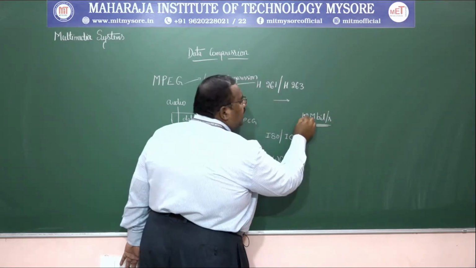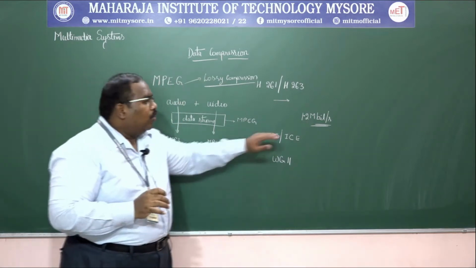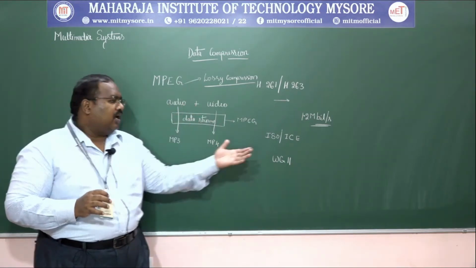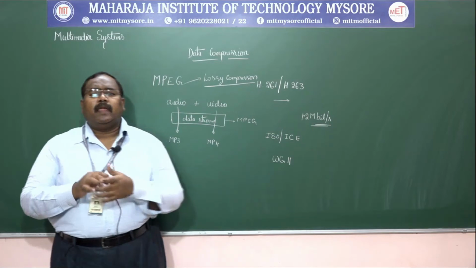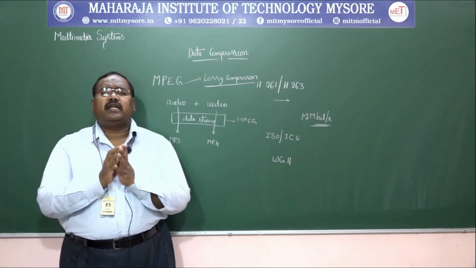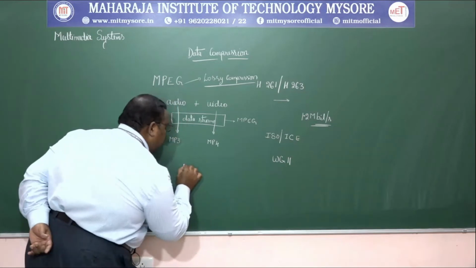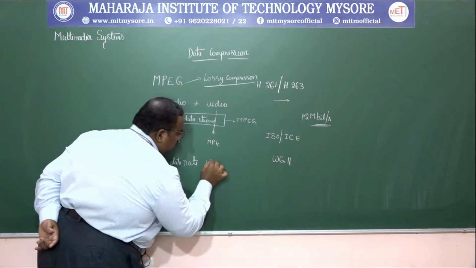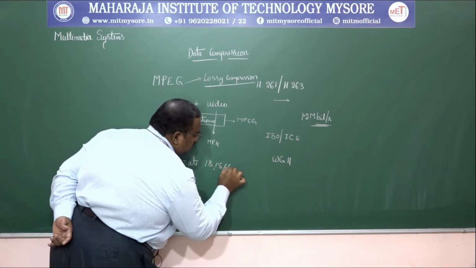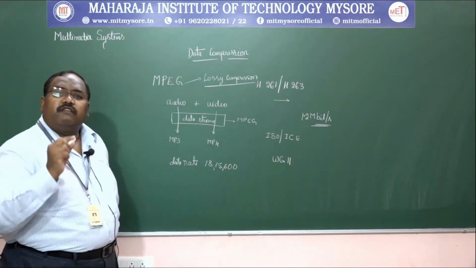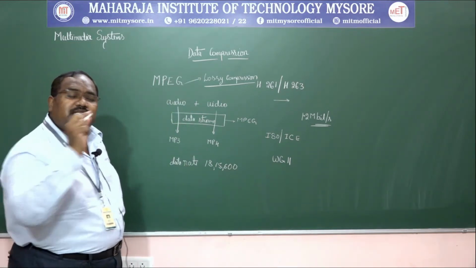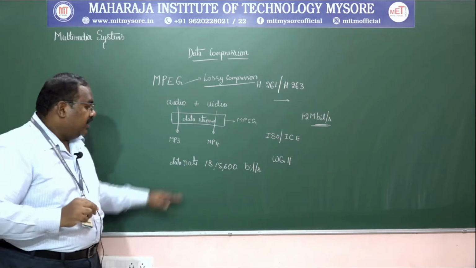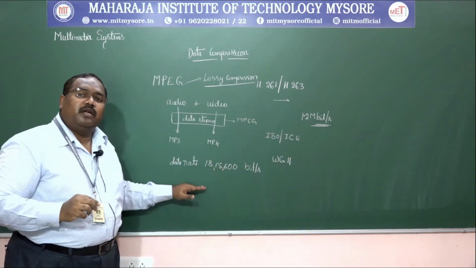So this was the main intention of ISO and IEC. And the Mpeg specification has a maximum data rate of, this is very important, 15,600 bits per second. This is the data rate that needs to be achieved, and they were able to achieve it.